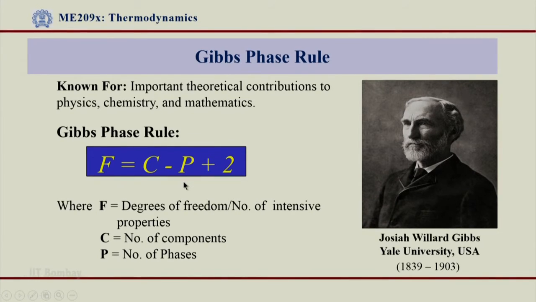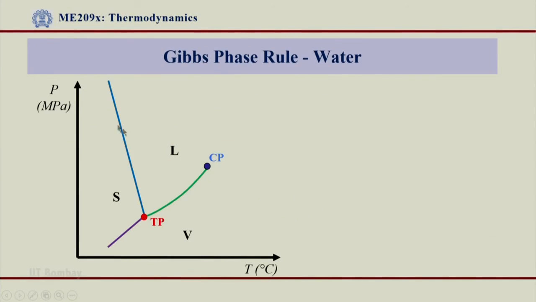Let us try to apply this phase rule now using the phase diagram, using the PT diagram for example. So, this is our famous PT diagram now, and I am sure most of you have become conversant with this SLV region, given in this crooked Y on the PT diagram.